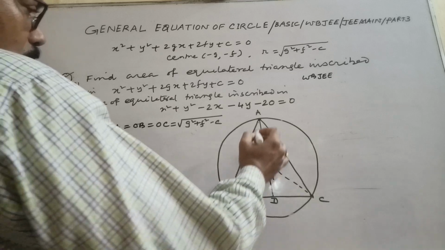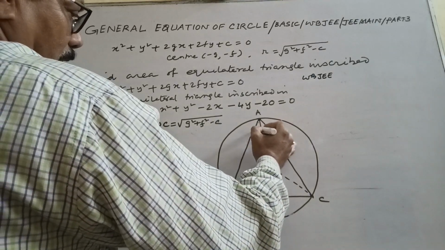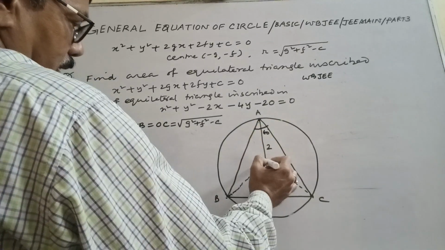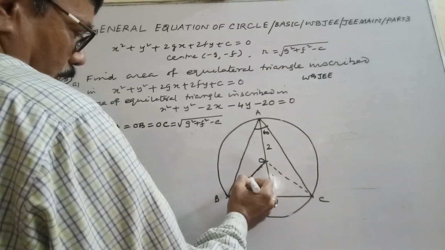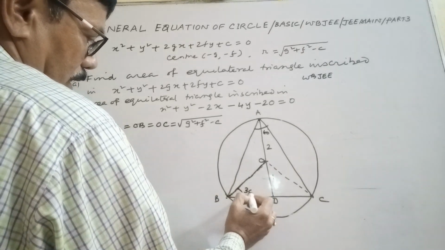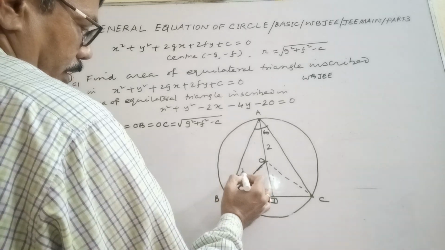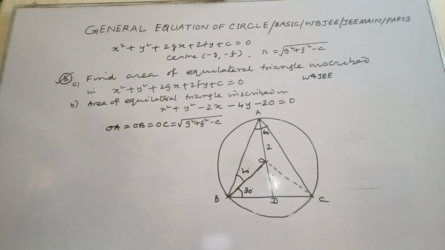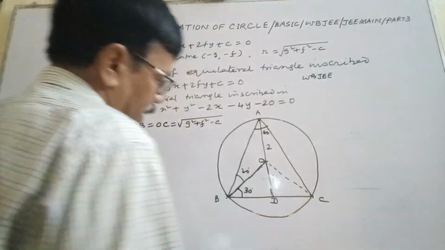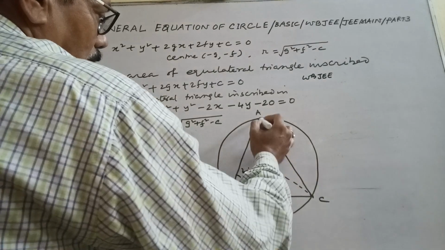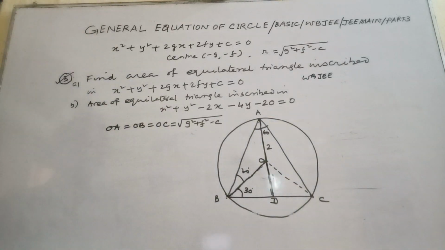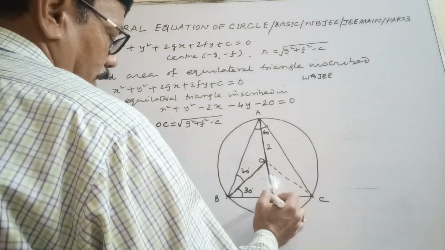Now look, this is an equilateral triangle, so this angle is 60 degree. OA is the radius, OB we know, and OB bisects the angle, so this one is 30 and this one is also 30. So we first find OD. The height of the equilateral triangle is AD, and AD is AO plus OD.